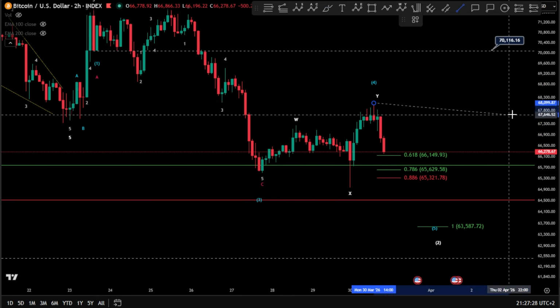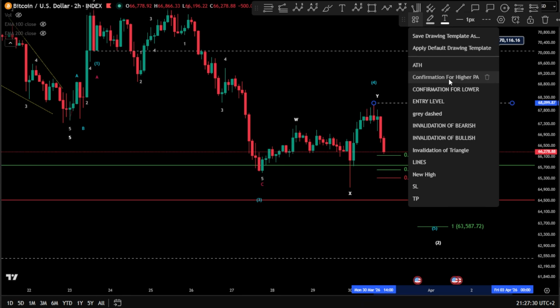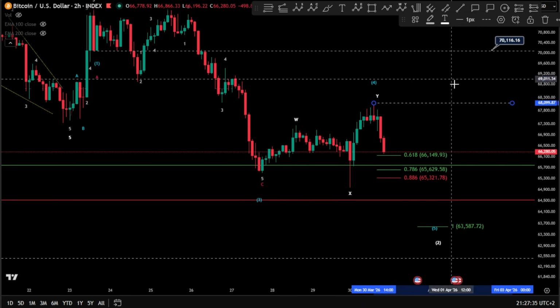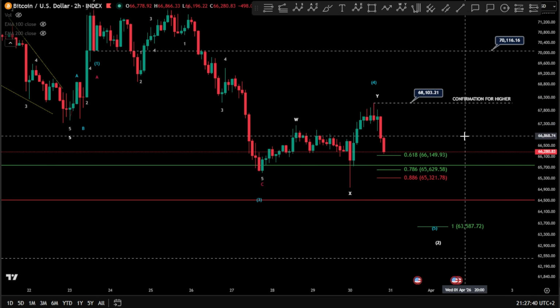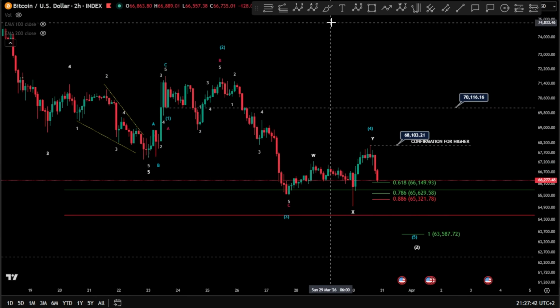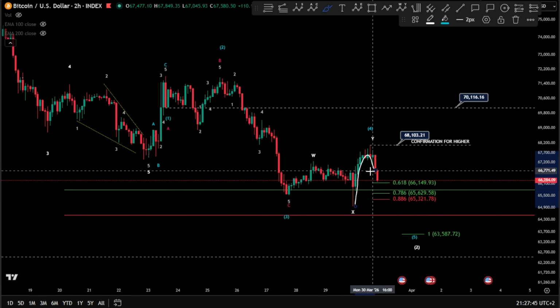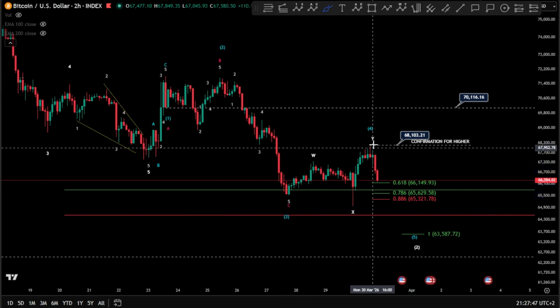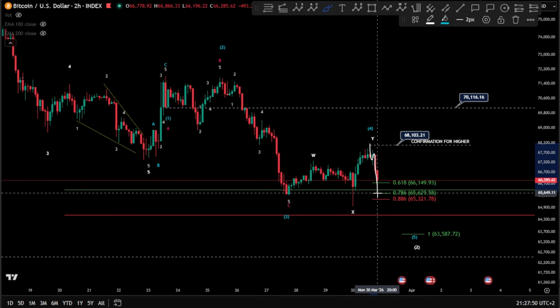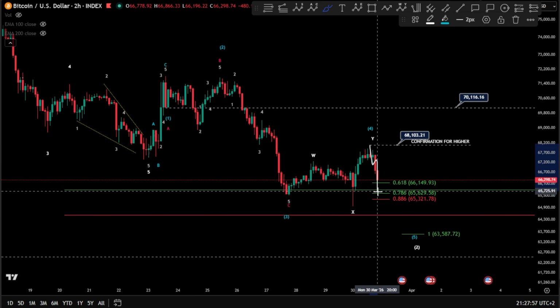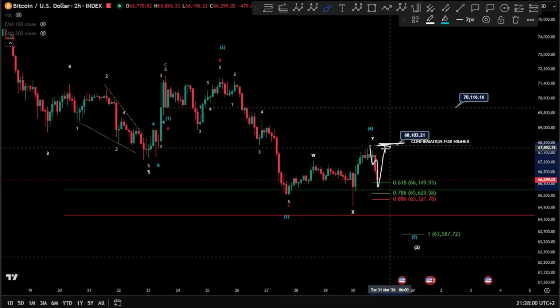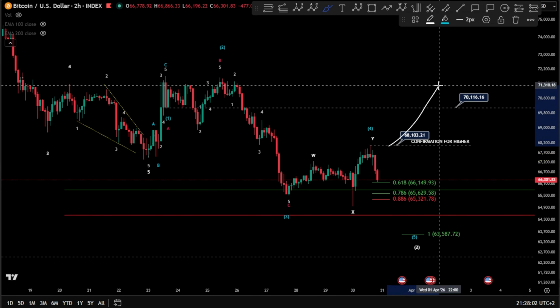But in case we break this testing area, that means we are bearish there, and we're still looking for lower. The confirmation for higher is exactly taking this high, 68K 103, meaning if the price continues toward the upside, and we already have 5 waves up here as an impulse, in case this will end up as W, X and Y, as we saw on the lower or micro level, finishing a W, X and a Y. In case the price pushes higher again, this is our confirmation to push again toward the upside.